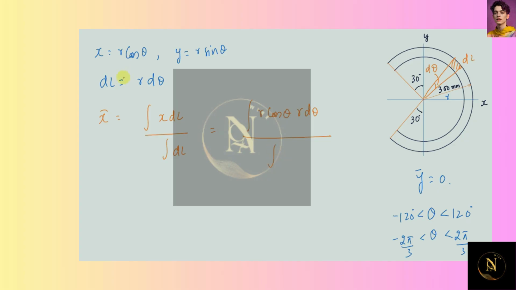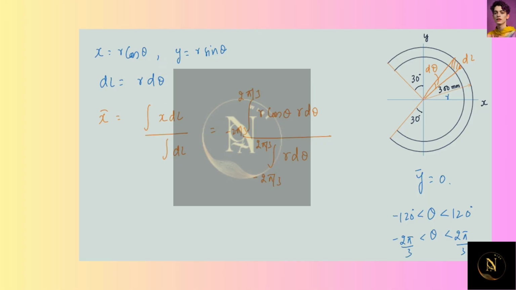So dl we have r d theta, and the limits for theta we have minus 2 pi by 3 to 2 pi by 3, so we can plug it here, in the denominator and also in the numerator.